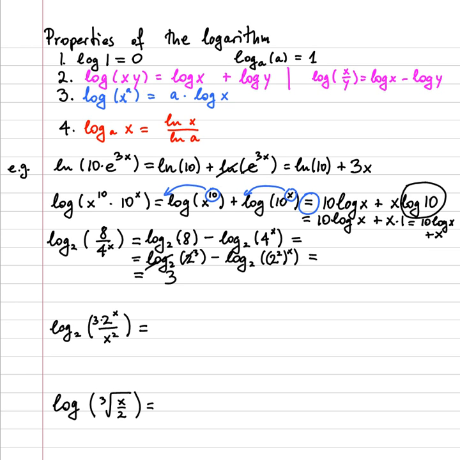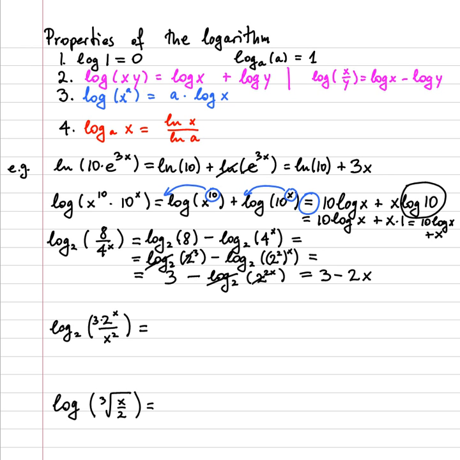So the result here is 3, and here we have log base 2 of 2 to the 2x, because 2 and x multiply each other, you're raising a power to another power. Now log base 2 and 2 to some power cancel each other out again because they are inverse functions of each other, and you have 3 minus 2x, and that's the final answer.